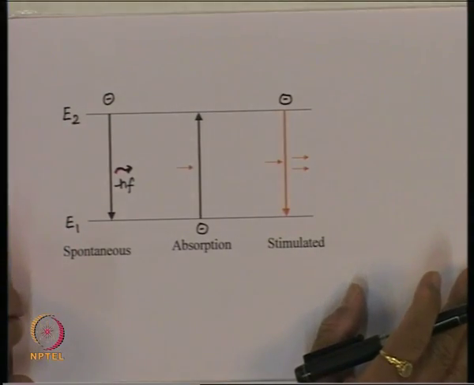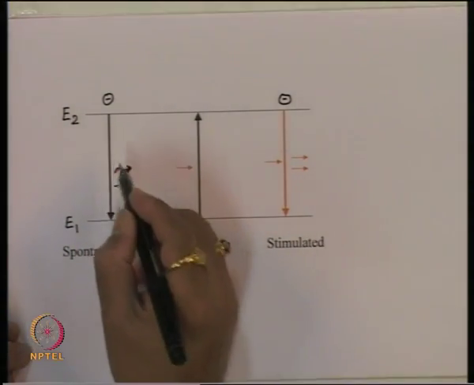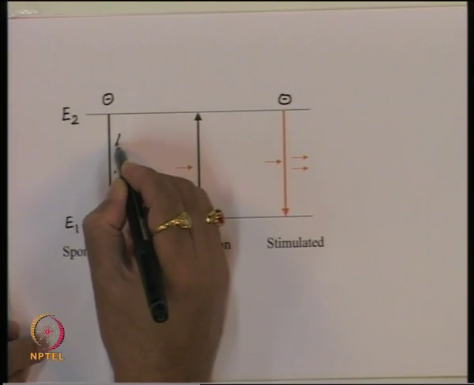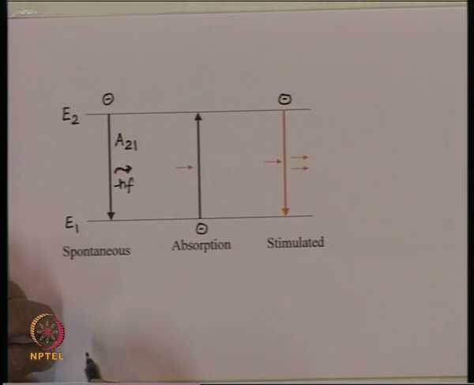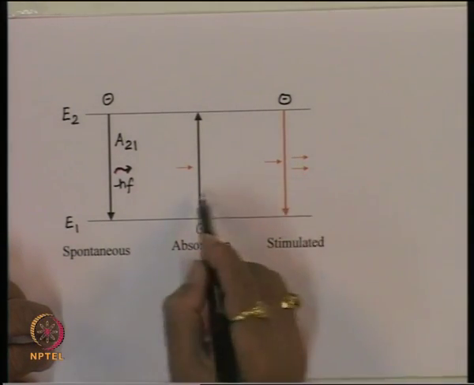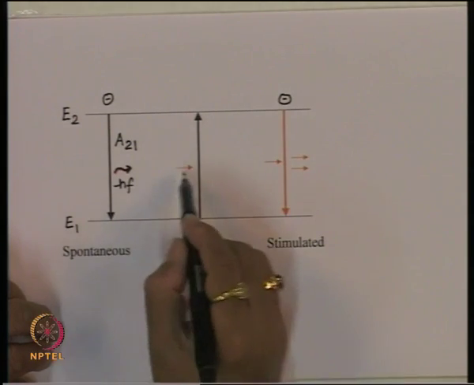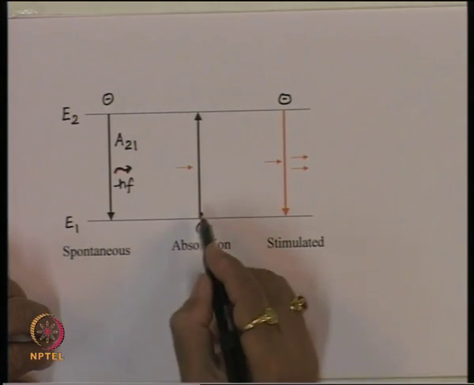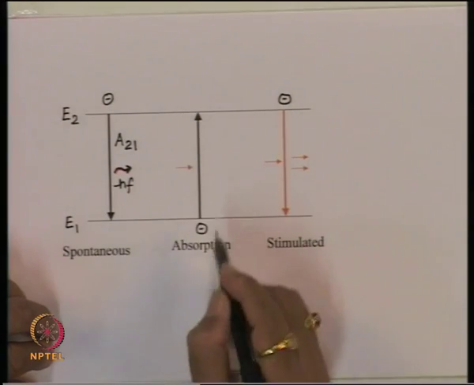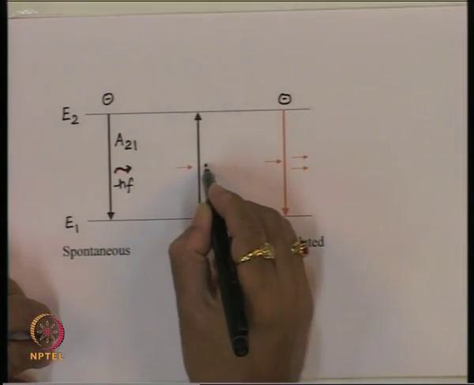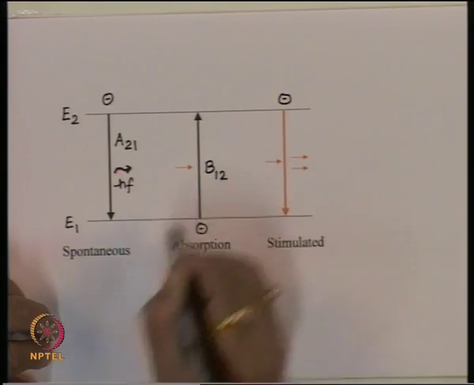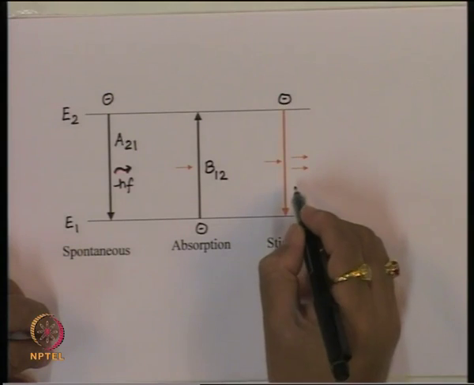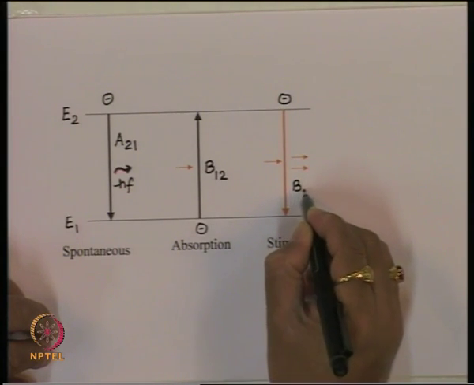So, the process which does not depend upon the photon is given by the coefficient which is called A21, and the process which takes place in the presence of a photon, that coefficient is denoted by B. So, the process which takes the electron up from energy level 1 to 2 has the coefficient B12, and for the stimulated process, the coefficient is B21.